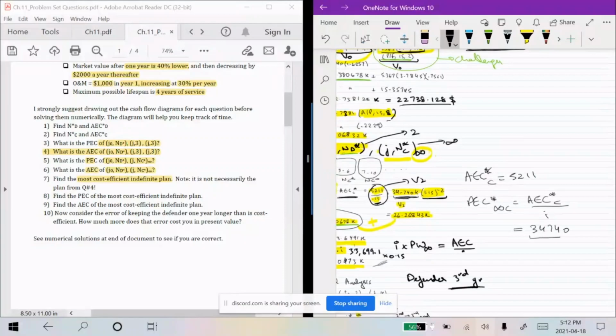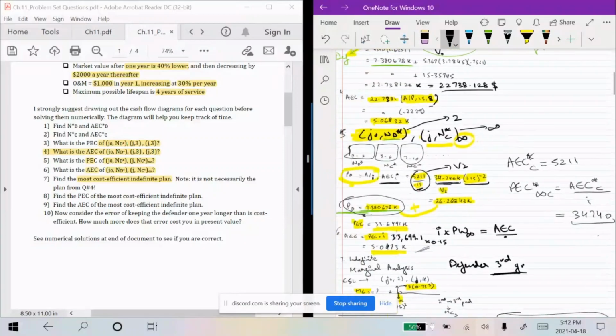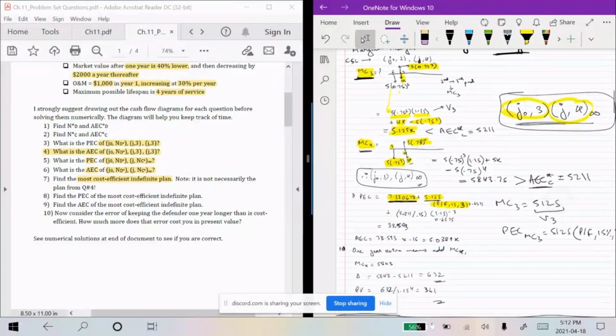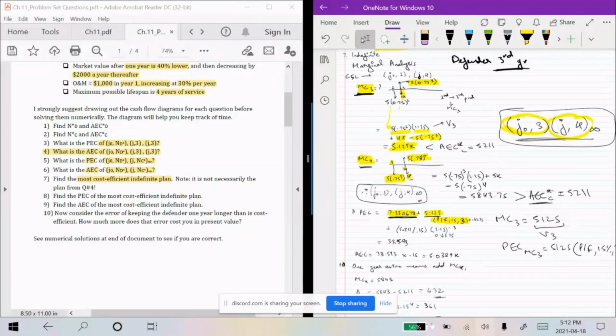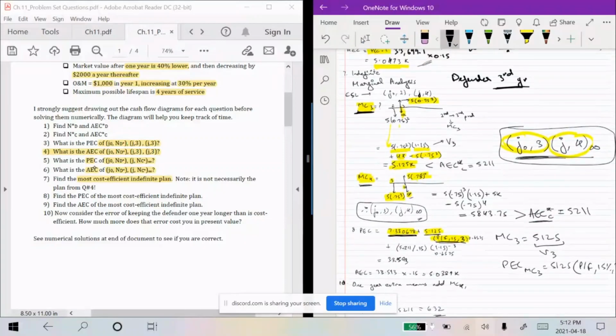34,740. But this is in V2, right? Or which V is it in? Let me check. Because in this plan, okay. So now since, yeah, right here. This, it was in V3, okay? Because we're using the defender for 3 years, right? So when you find the present worth of the challenger, that's going to end up in V3.